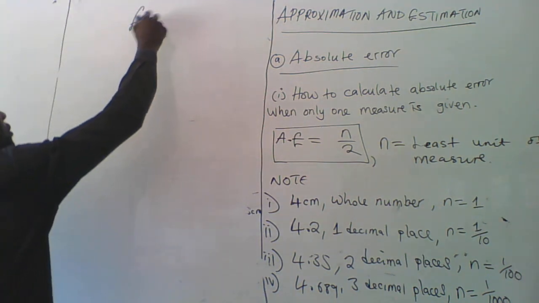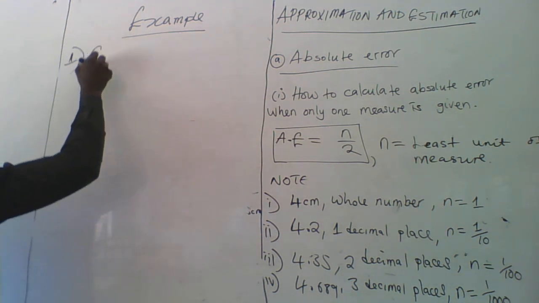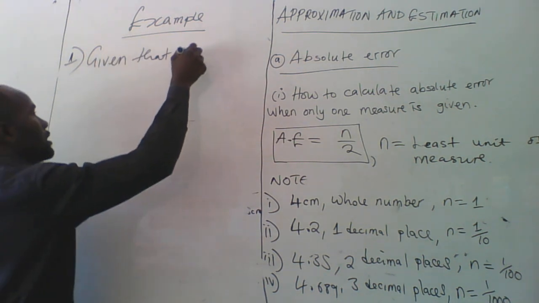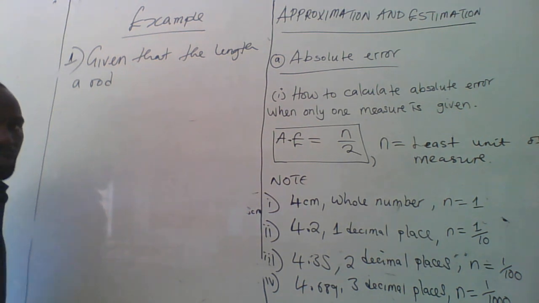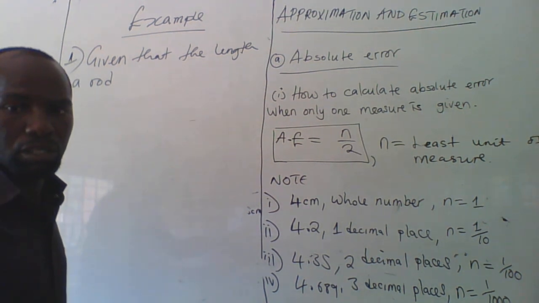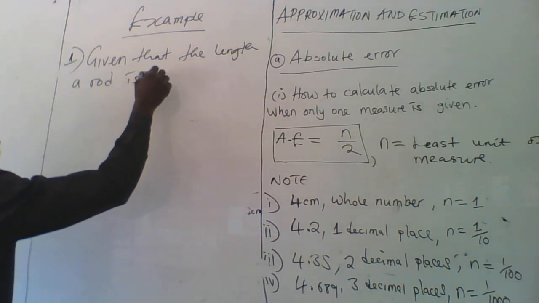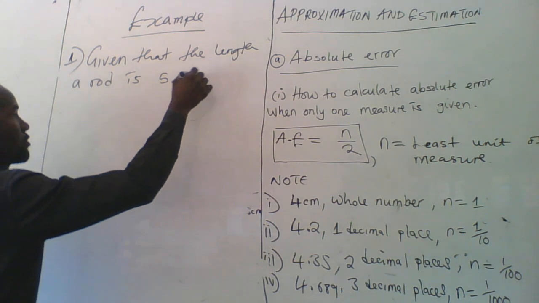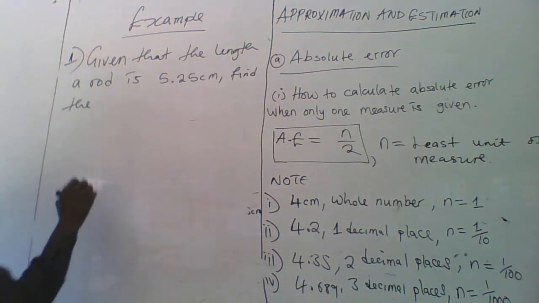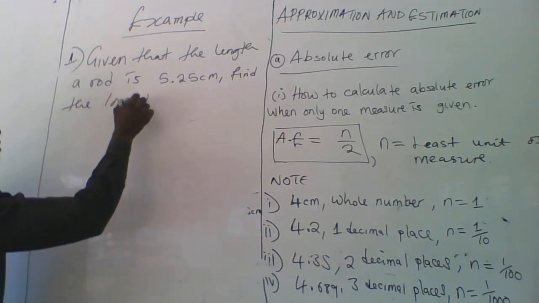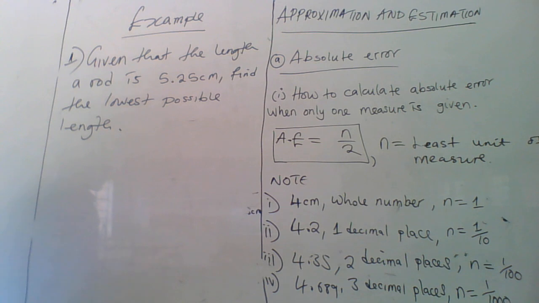So say, for example, number one: given that the length of a rod is 5.25 centimeters, find the lowest possible length.